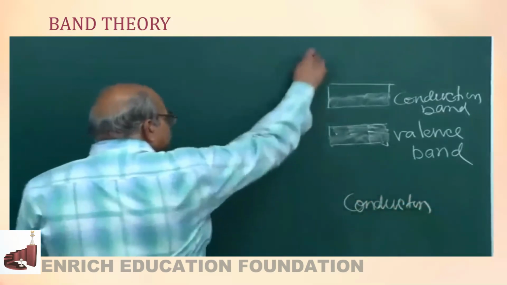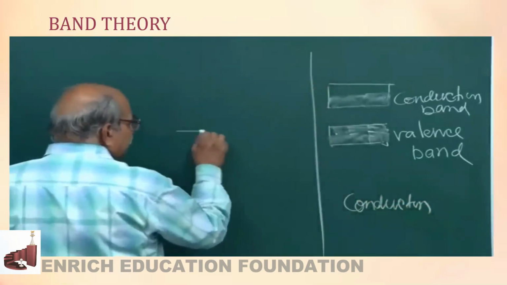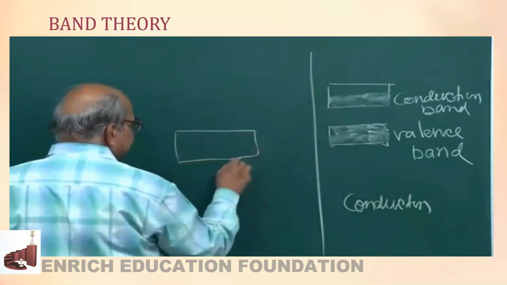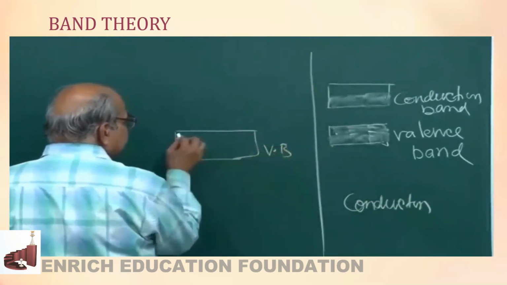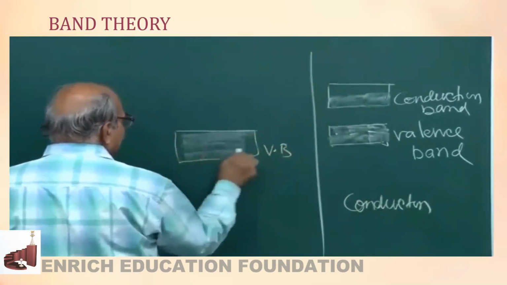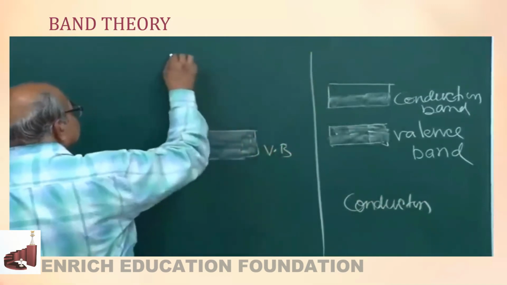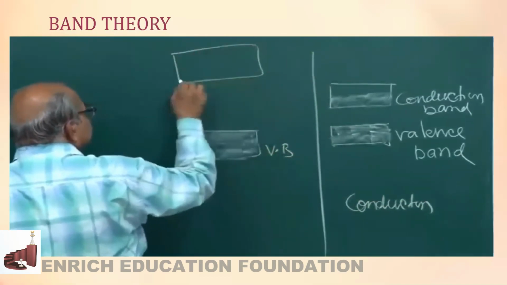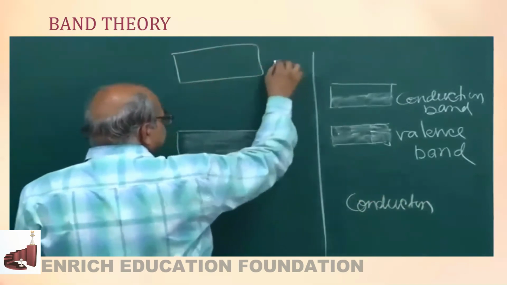Then you have another kind of material where you have a valence band, which by definition is completely filled, and then you have a conduction band, and this conduction band is completely empty.